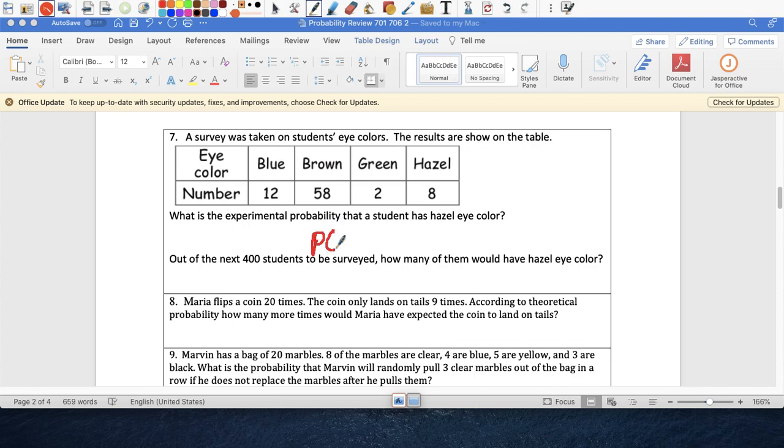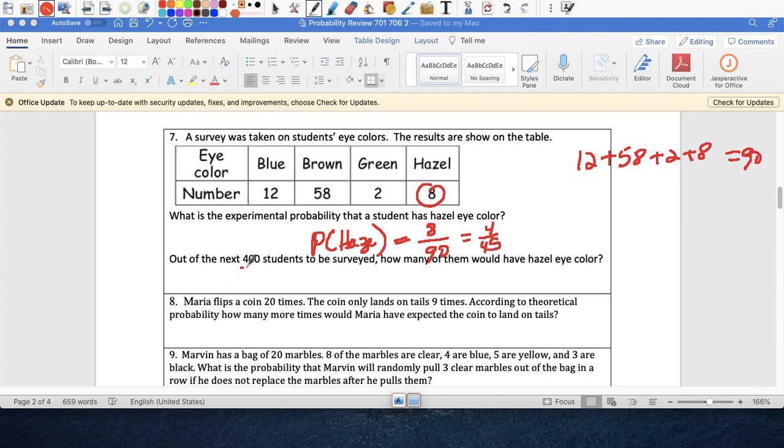Well, how many people have hazel? 8 out of, and what's the total? So we have to do 12 plus 58 plus 2 plus 8. That's 80... that's 90 students. So we're going to go 8 out of 90. So that's 4 out of 45.